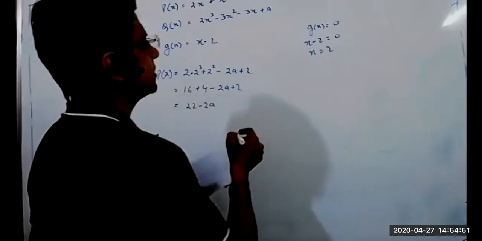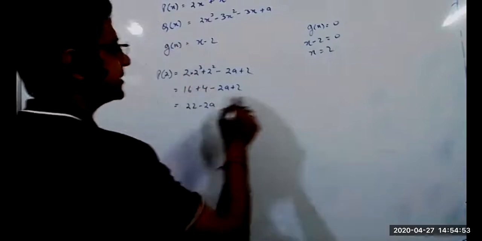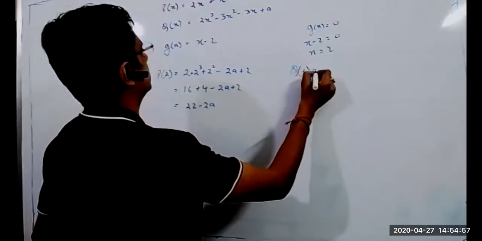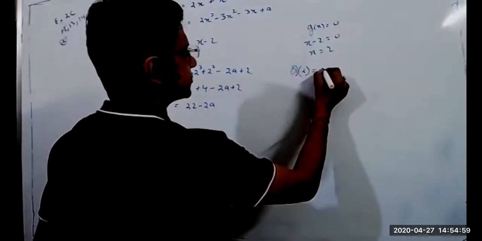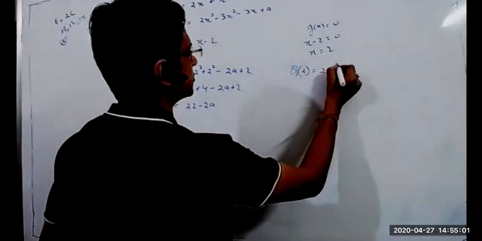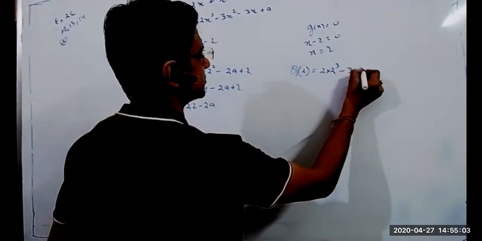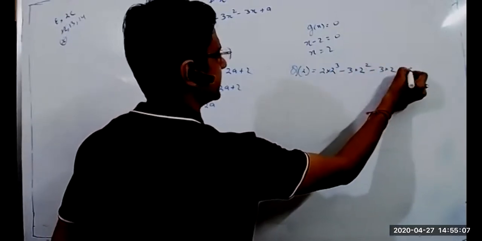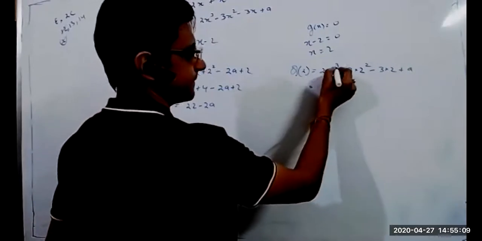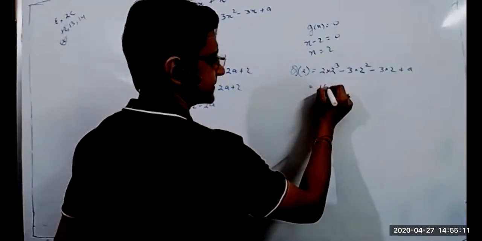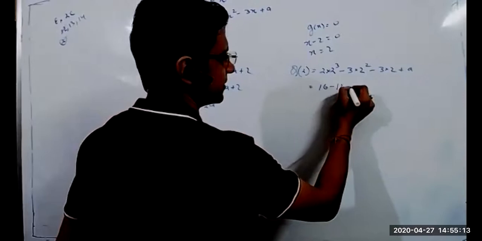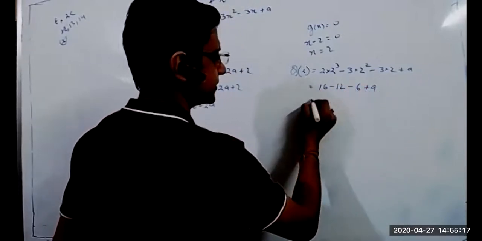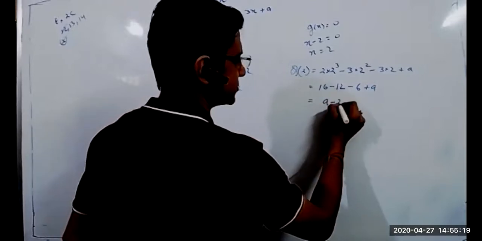Now q(x) remainder. So I'll put q(2): 2 into 2 cube minus 3 into 2 square minus 3 into 2 plus a. 16 minus 4 is 12, minus 6, plus a. So a minus 2.